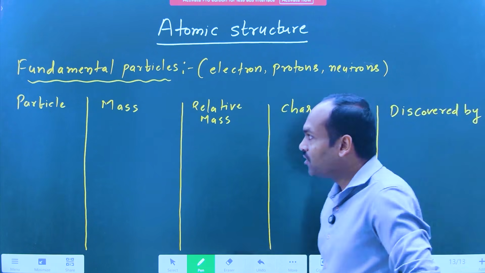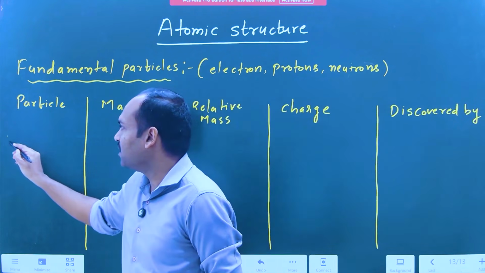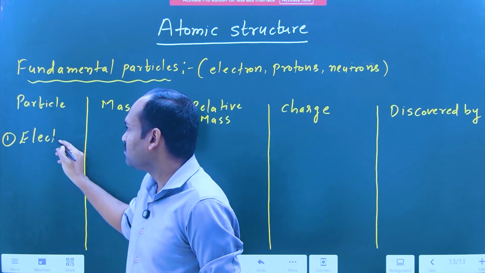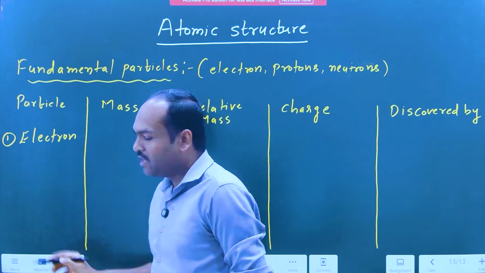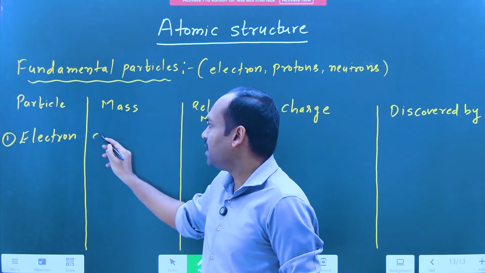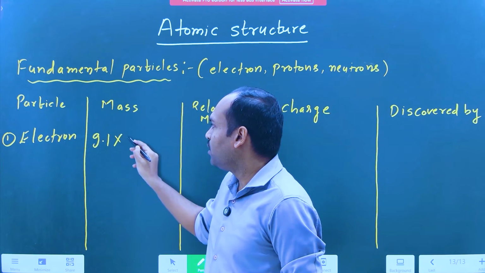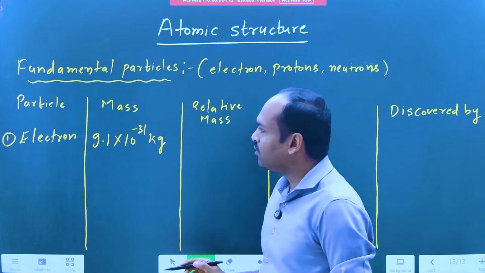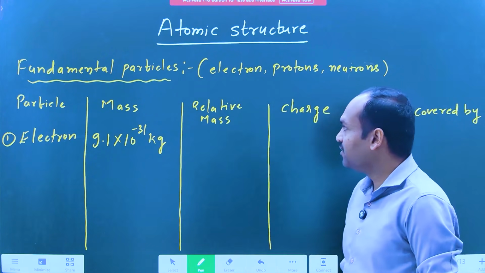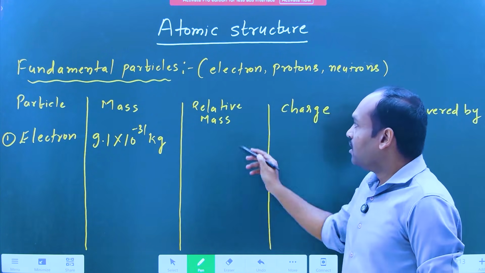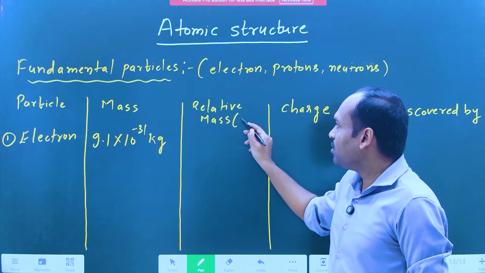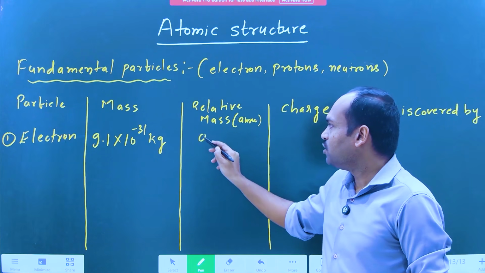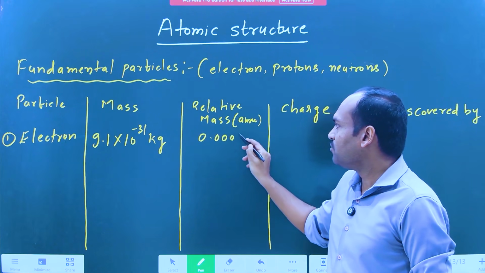So the first particle I am going to take here is the electron. Electron mass is 9.1 into 10 power minus 31 kg. Relative mass in AMU, if we compare, is 0.00054.